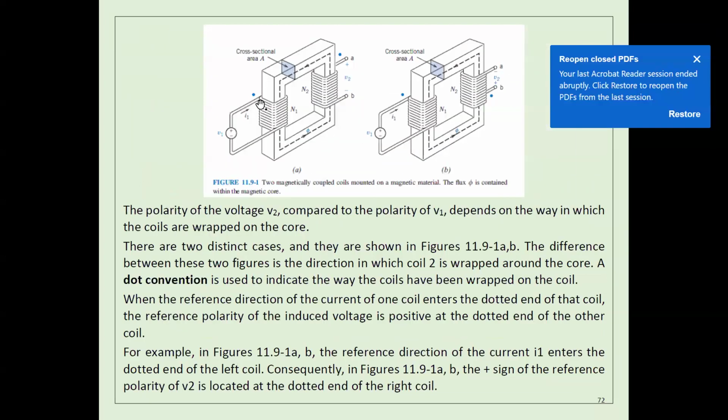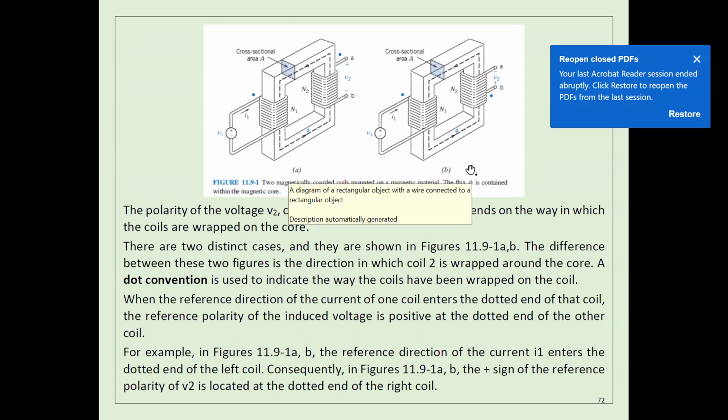Usually we use this dot convention, and the dot convention just tells you the direction. As you see here, the direction of this wire is going to be this way in both cases. But in the other one, look here, this direction is this way, but this one is this way.